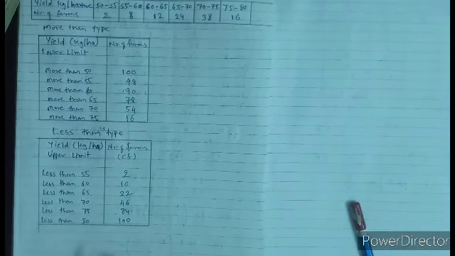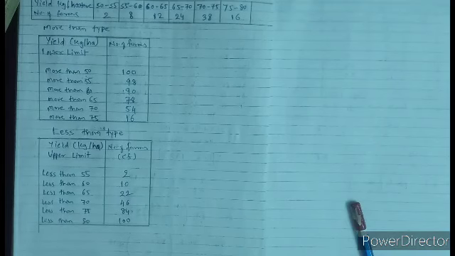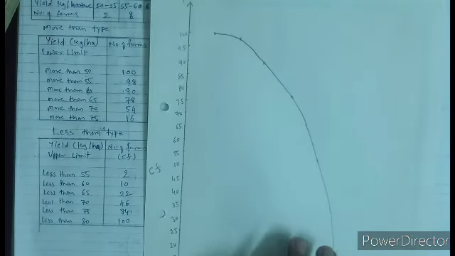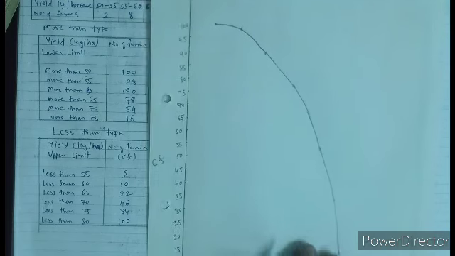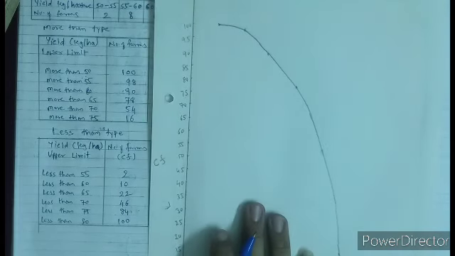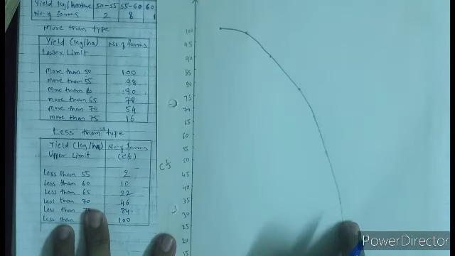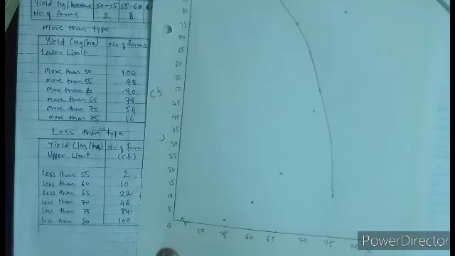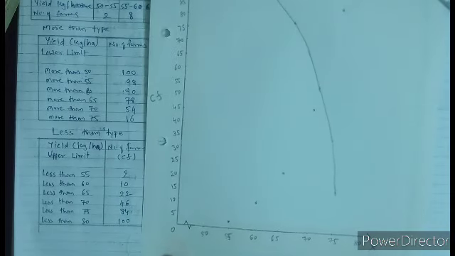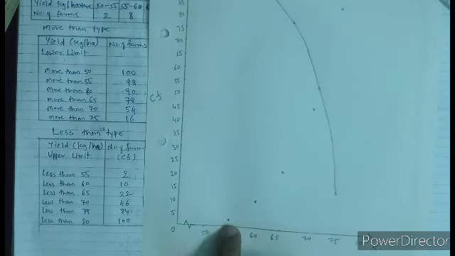Now we have to show this on the same graph page. Earlier we obtained the more than type curve on a graph page. Now on this same page we will obtain less than type. So here are the points plotted on the graph. Less than 55, 2.